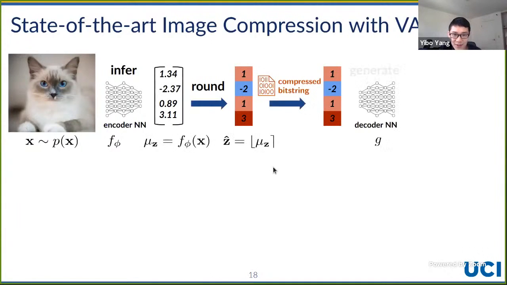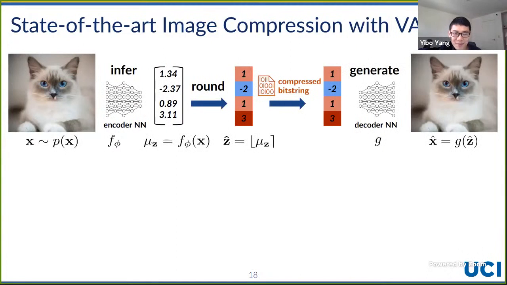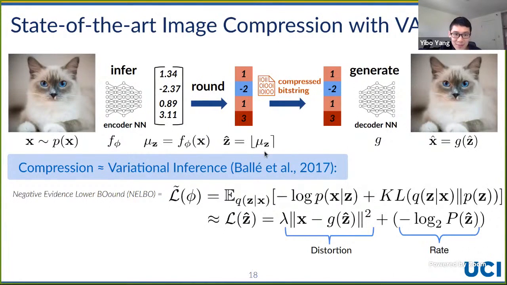I've already given you an overview of how this particular form of variational autoencoder connects to lossy compression, based on the similarity between these two equations here. Again, the negative ELBO of a VAE, where you have a uniform noise distribution on the variational posterior, is basically approximating a rate distortion loss.